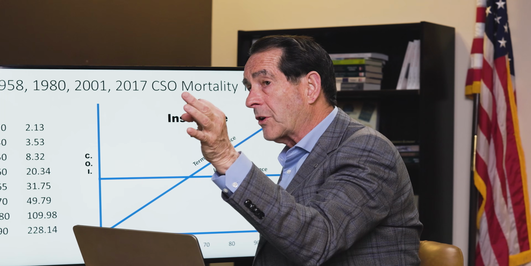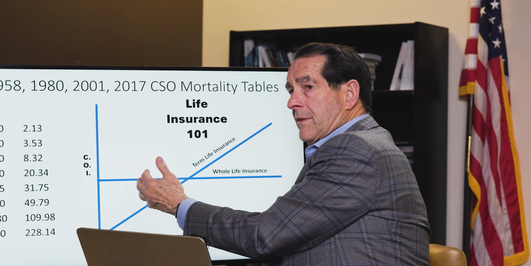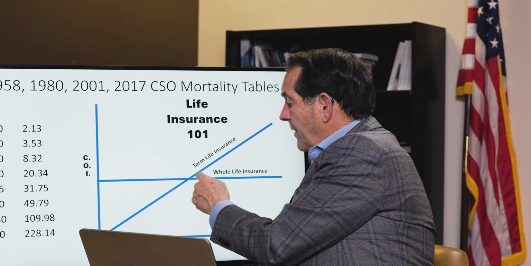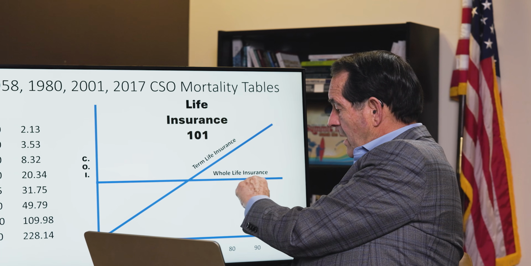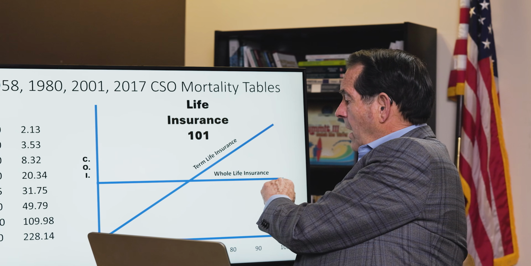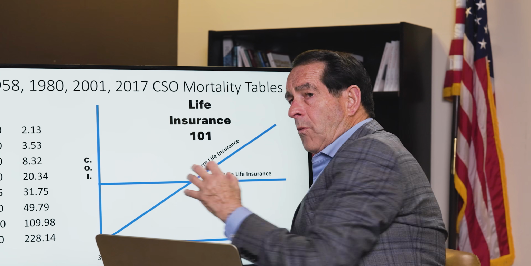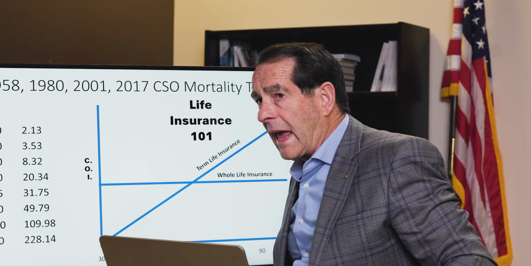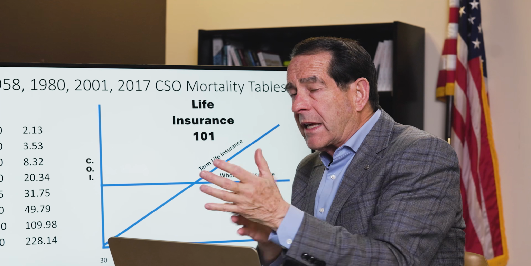So whole life insurance, you're overpaying for the insurance in the early years. And then at age 65, you're going to still pay the same premium your whole life. And the insurance company is saying, because you overpaid, we have this extra money on hand, and we'll call it cash value. It's equity, like equity in a house.